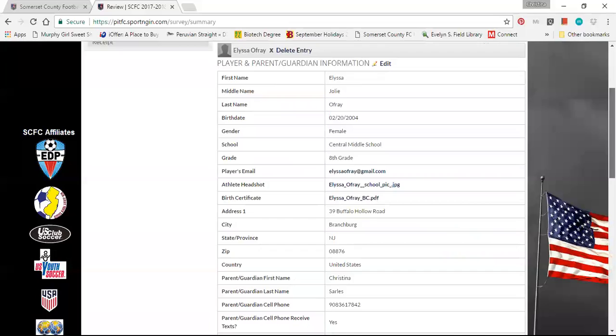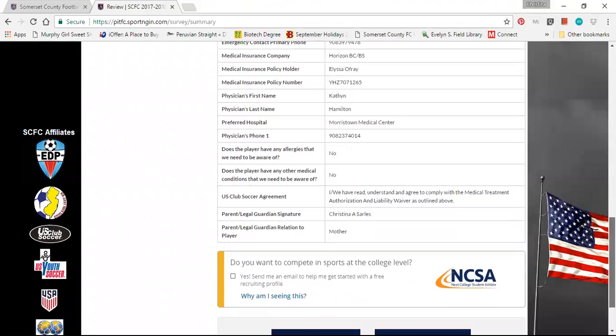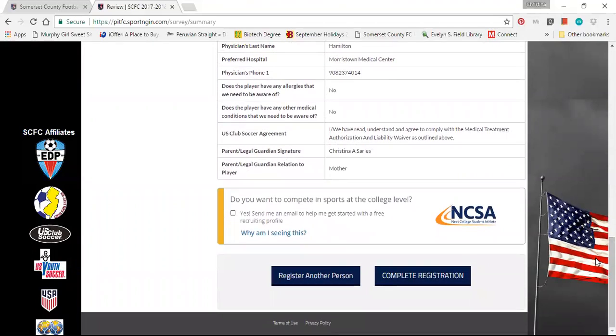So all I would do is just review this information. And again, it's really short for me because I opted to only put one parent. You only need one parent on here. A lot of times we do have single family households or single parent households, or we do have households where maybe dad does the majority of things and mom travels a lot.